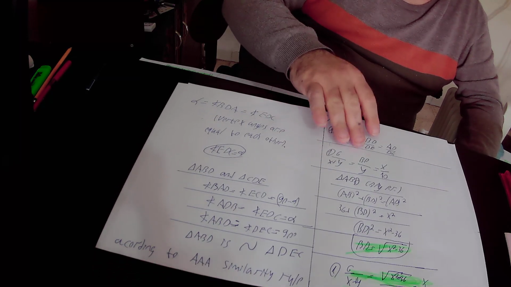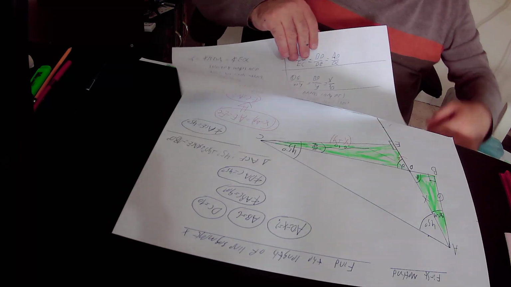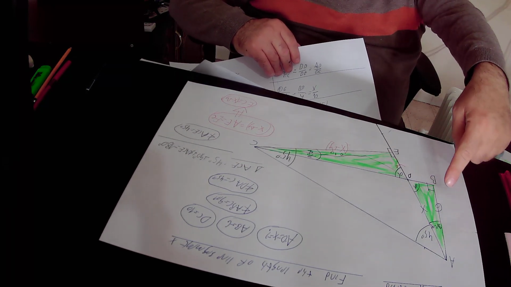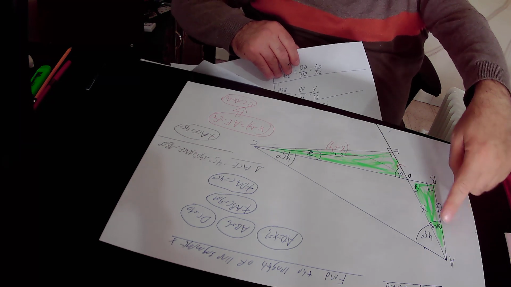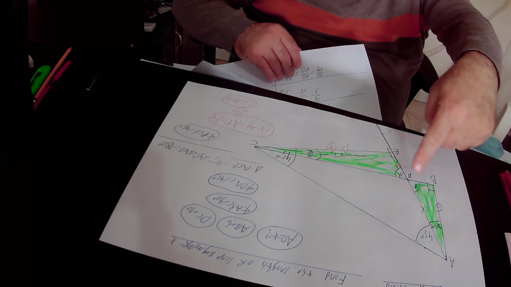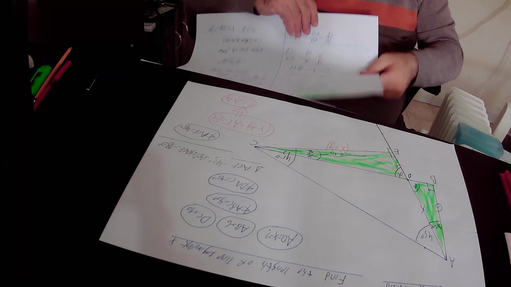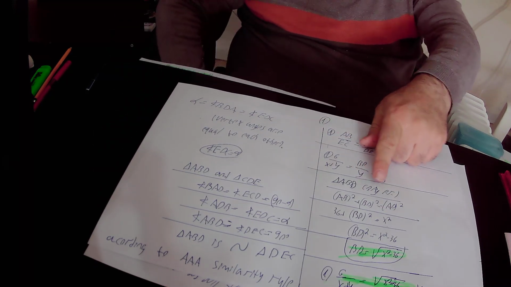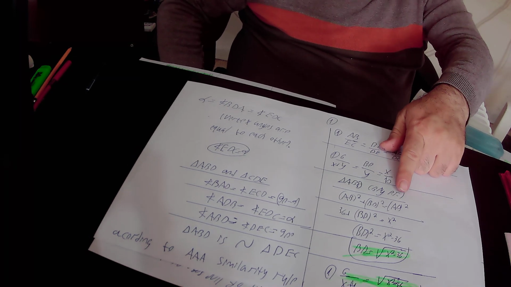And in order to find out the value of BD, we implemented the Pythagoras theorem on the right green triangle ABD. According to the Pythagoras theorem, in this right triangle, AB squared plus BD squared equals AD squared.